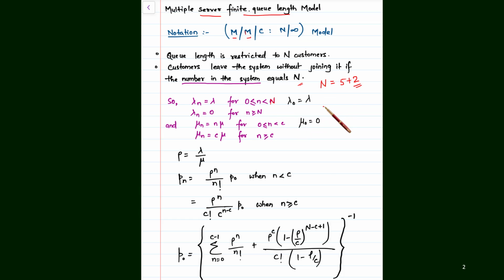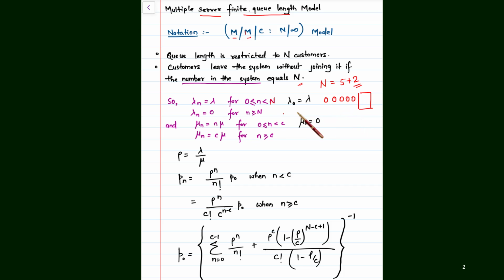Let's suppose this is a server, and there is a capacity of 5, and 1 is getting service. If there are less than 5 people in the system, say 3, when n is less than capital N, then the arrival pattern will be the same, people can come and join, and that pattern will be lambda.